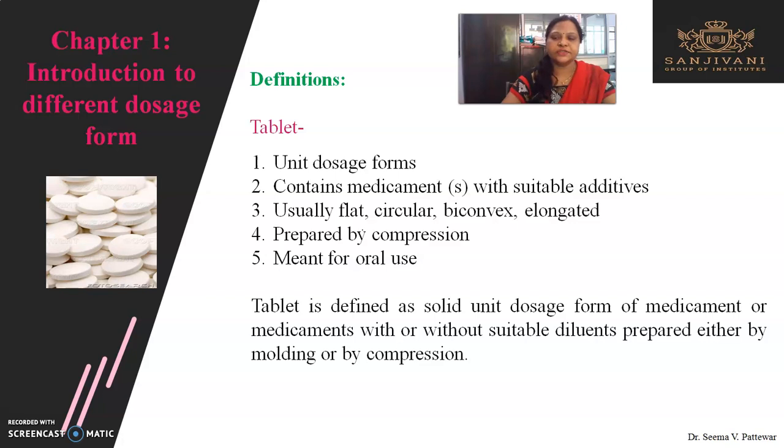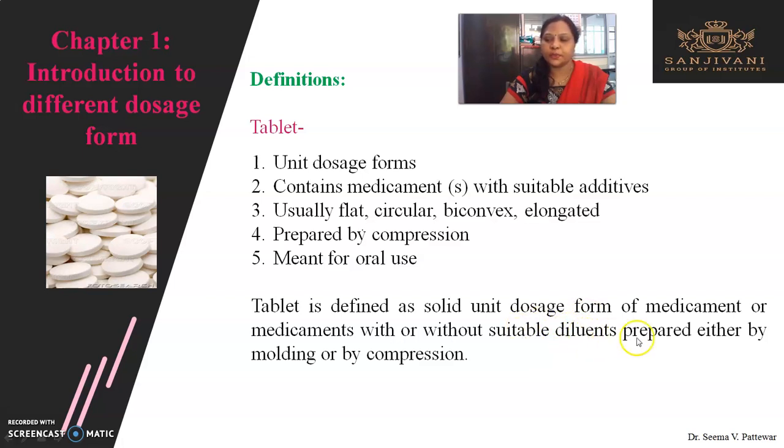So it is a solid dosage form with one drug or many drugs, with or without suitable diluent. What is diluent? Diluents are the non-drug components which are used when the dose of the drug is small, to form a sound tablet or a big tablet.